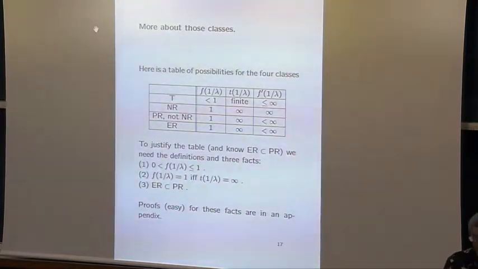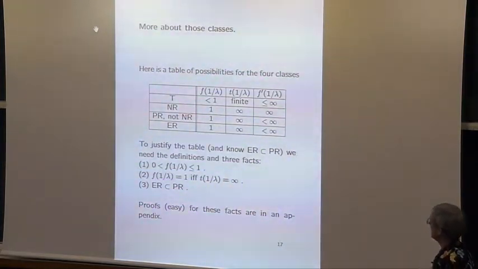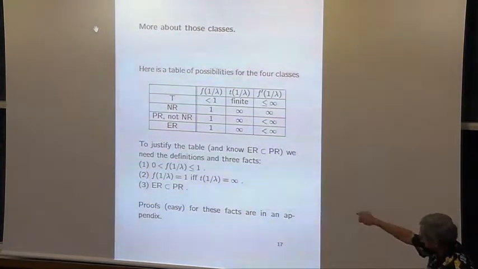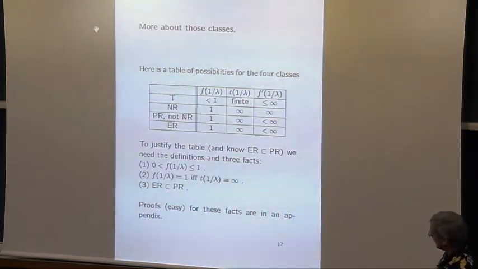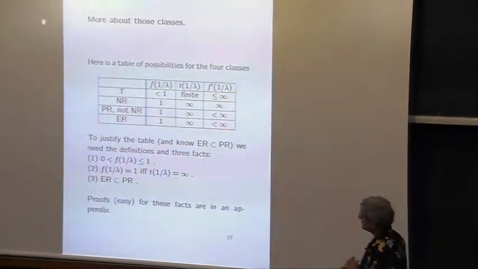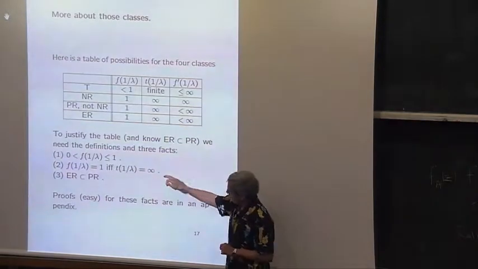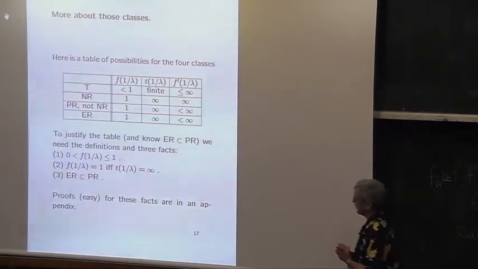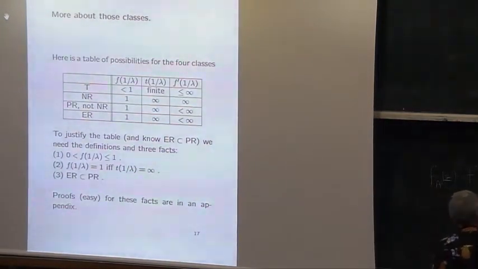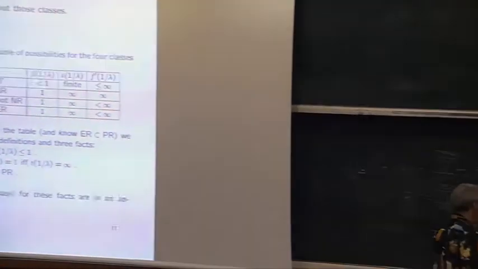Okay, so that's some little exercise in the definitions, but that's a key fact here. Okay, now so let's accept that. Now, if we accept that f of 1 over lambda is less than or equal to 1, then it's easy to see that f of 1 over lambda equals 1 if and only if t of 1 over lambda is equal to infinity.